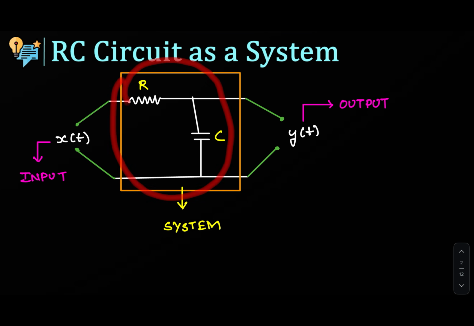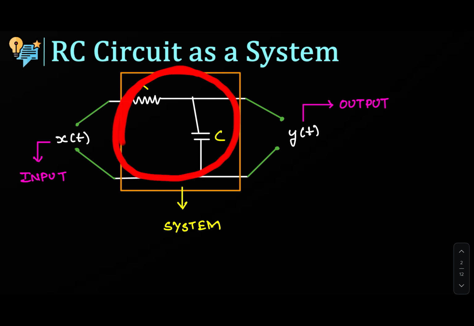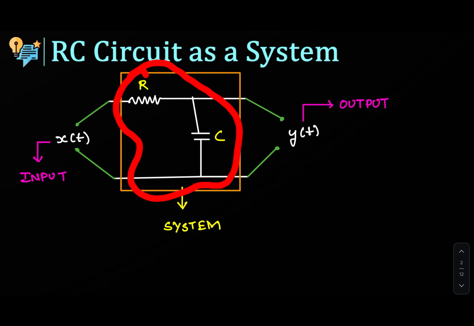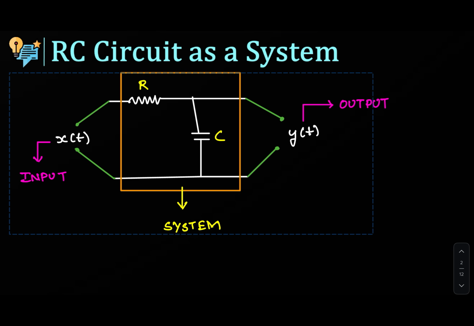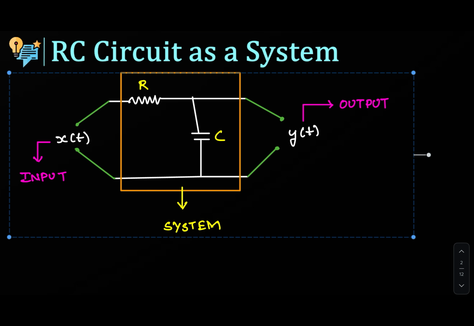This one is my system. It is taking some input x of t, and this input x of t is processed by this circuit, and then it is giving some output y of t. So this one we will call a system. Now I will copy this one.